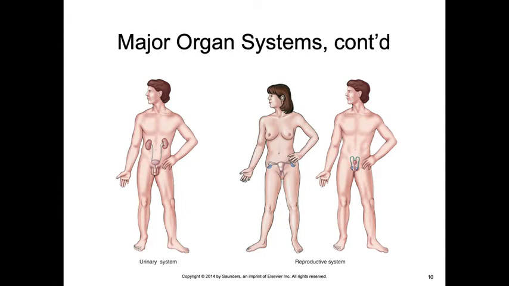You wouldn't be able to take in food, which means you wouldn't be able to mechanically and chemically break down anything in your diet. You wouldn't be able to load those nutrients into the blood. They wouldn't make it to the liver, and the liver wouldn't be able to deliver any nutrients to any of the cells and tissues in the body, and then all the organ systems would shut down and you would die. Okay? So the organ systems depend on each other in order to function.